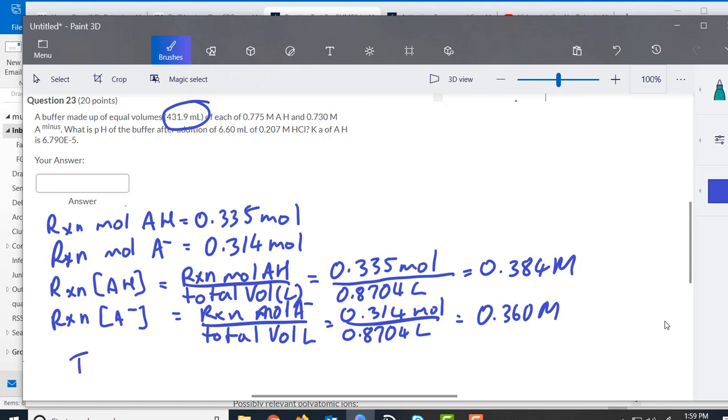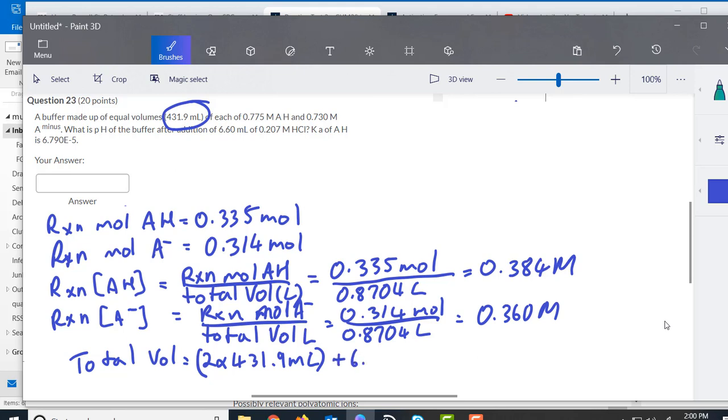The total volume is going to be 2 times the volume of each individual solution, because each of them have the same volume initially, and that's 431.9 milliliters.